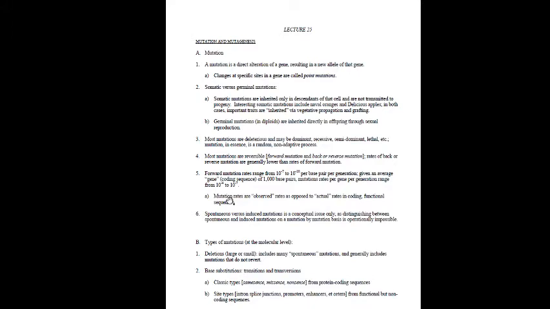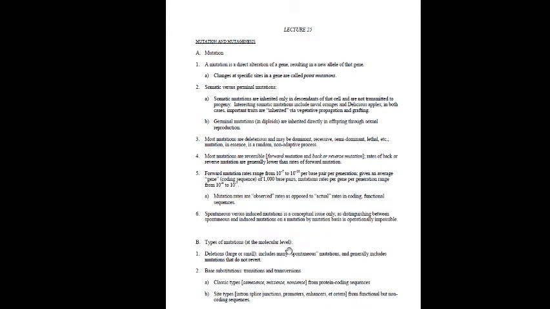As far as mutation rates are concerned, they are opposed to actual rates in coding, that is functional sequences. So differentiating between spontaneous and induced mutation is a conceptual issue, as if we look at the differences on a mutation basis, it is almost impossible.